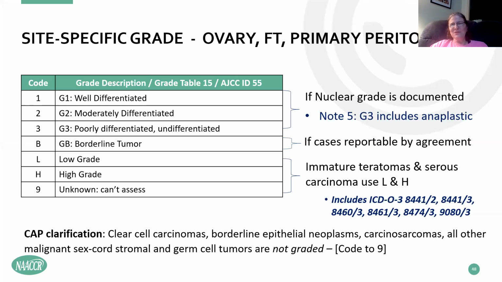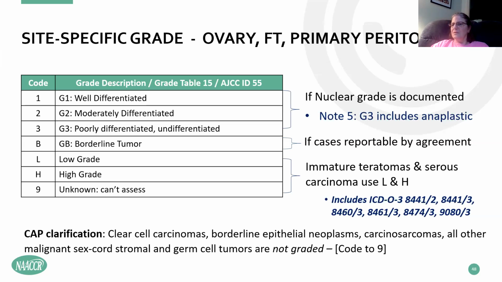So I got a question from somebody who said, this histology is already a high grade. Why do we have to double code and code the grade as high as well? And I was like, unfortunately, that's just the way it is. 8460, I believe, is the low-grade serous carcinoma, so you would assign it L. This is one of the few schema grade tables where you have low-grade and high-grade as part of the definitions.